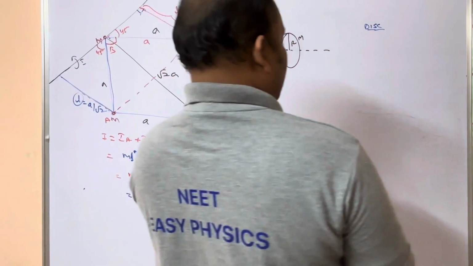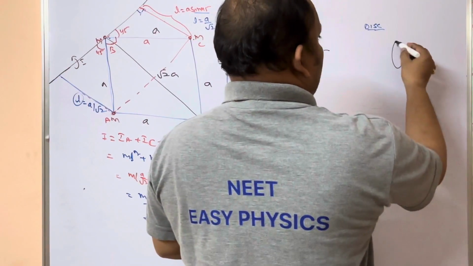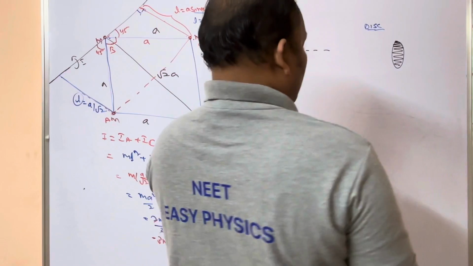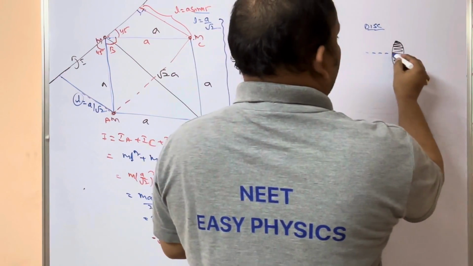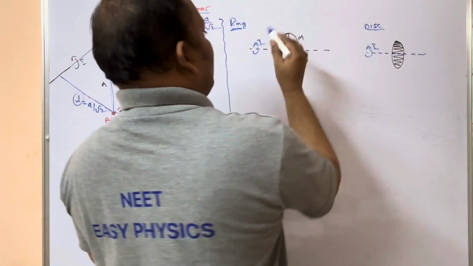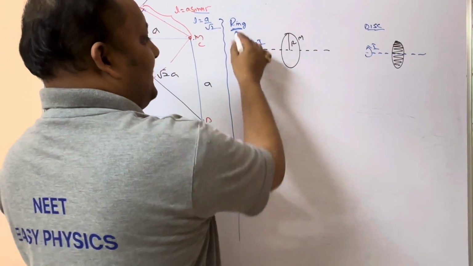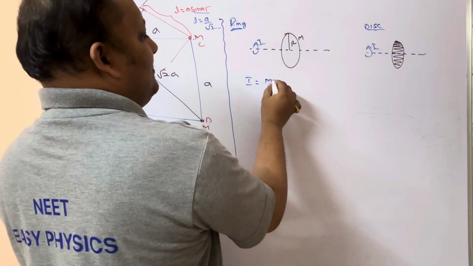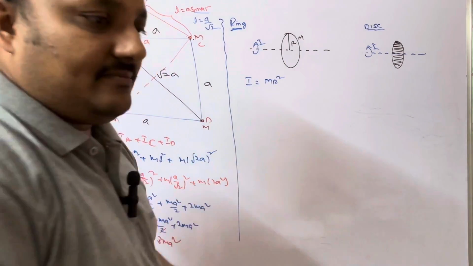If you are taking a disc, like a rupee coin, rotating about its own axis, what is its moment of inertia? So for the ring, I is equal to simply mr square.